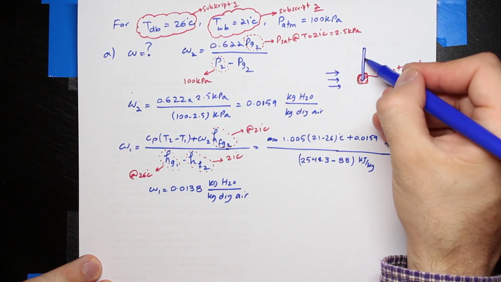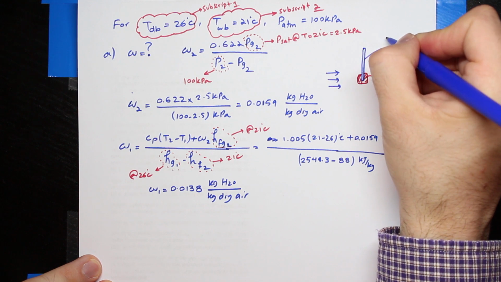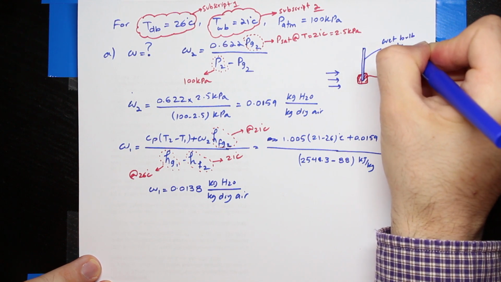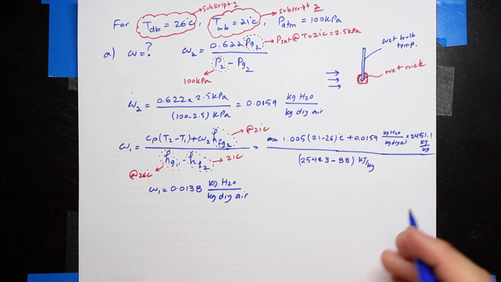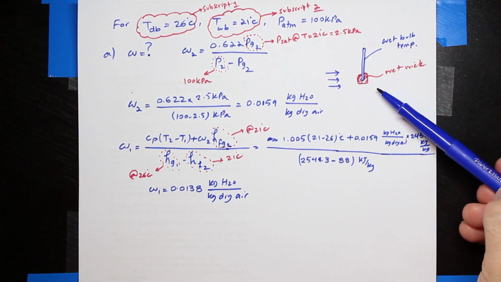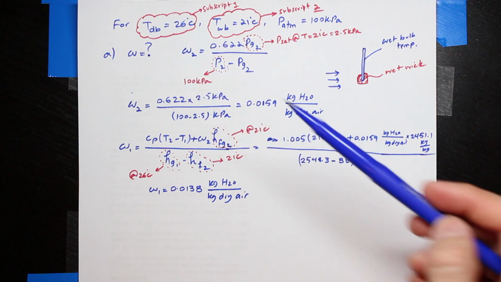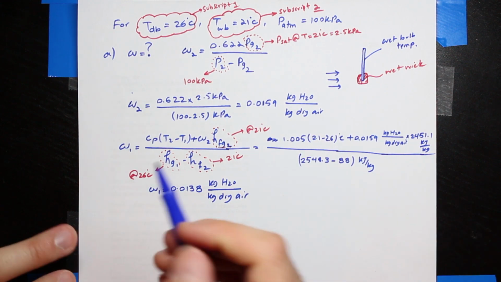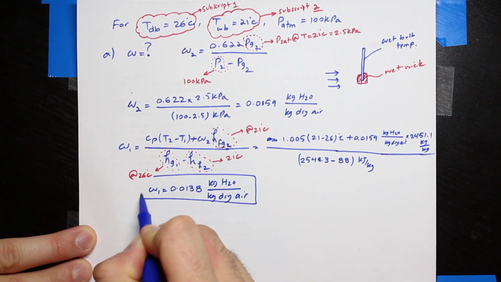So the temperature that this thermometer reads is the wet bulb temperature. Okay, and we need this sort of measurement as well as the regular measurement to be able to obtain the moisture content within the air.